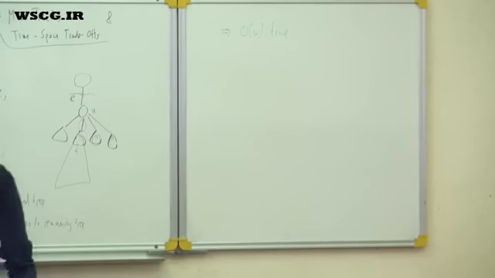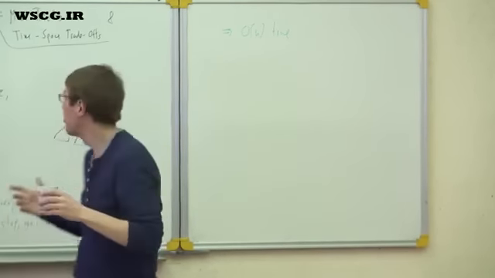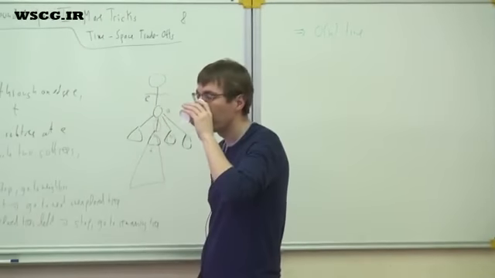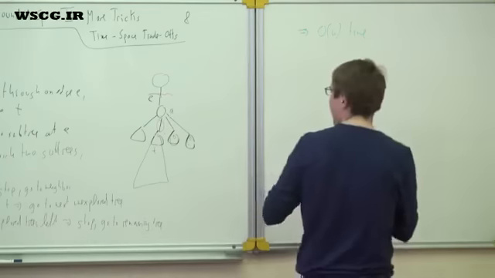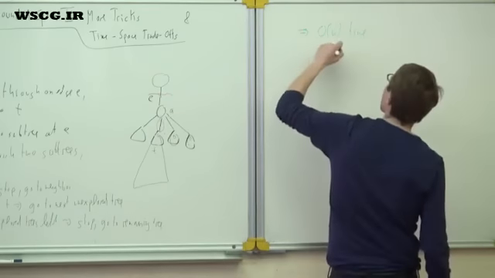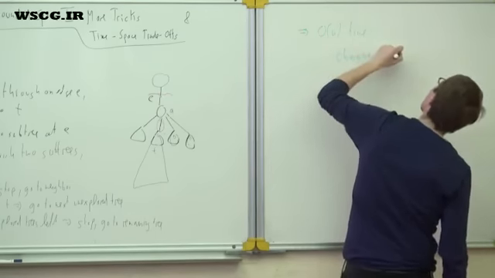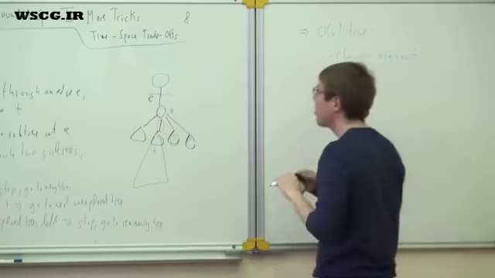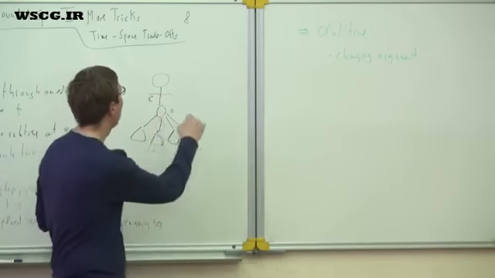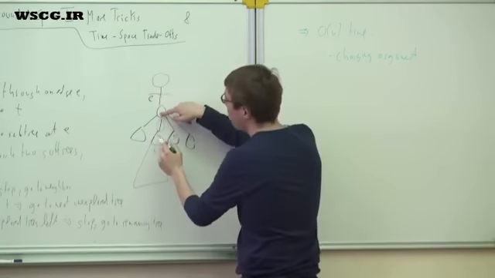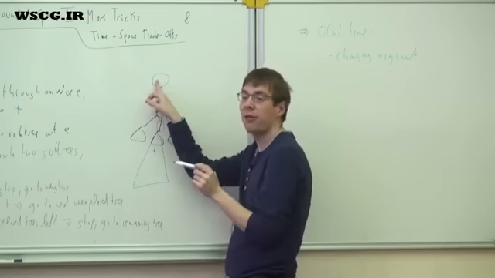For this, we need to do a charging argument. It works as follows. You're at some current node A, and you're in this situation where you explore all these subtrees. The observation is that I never go back: I remember where I came from.